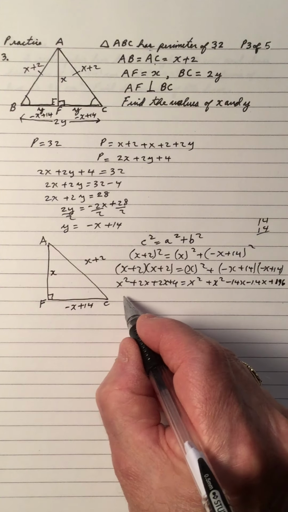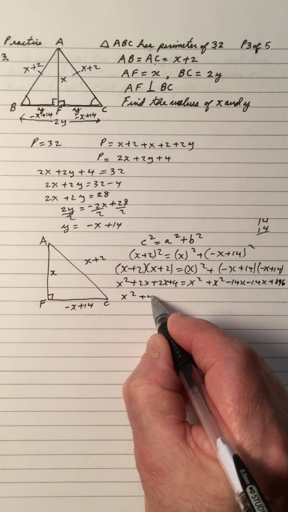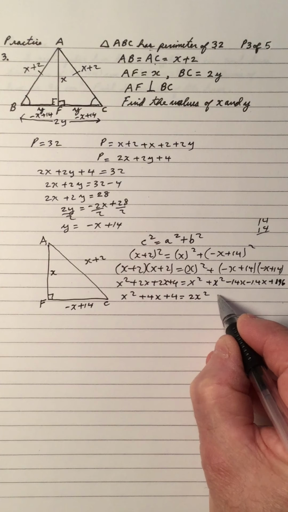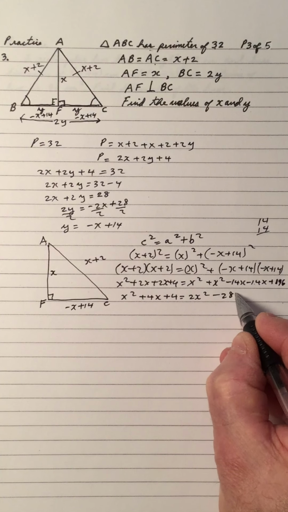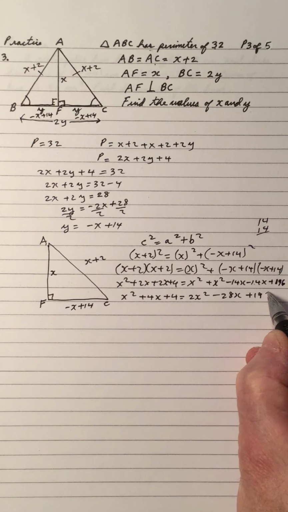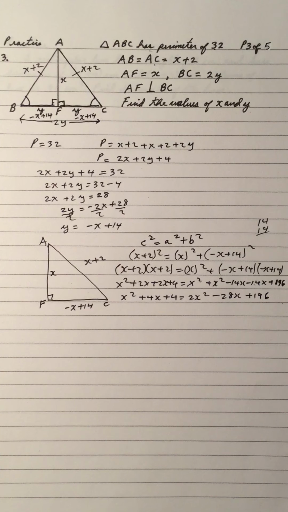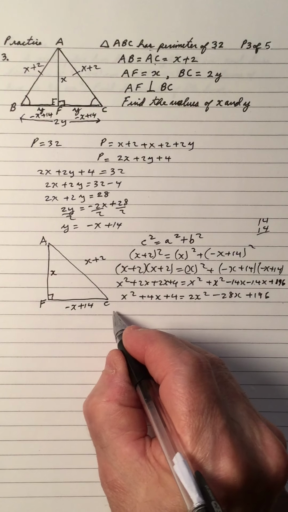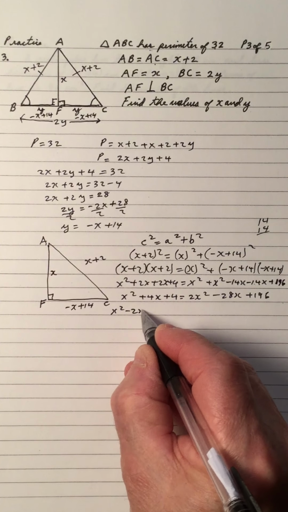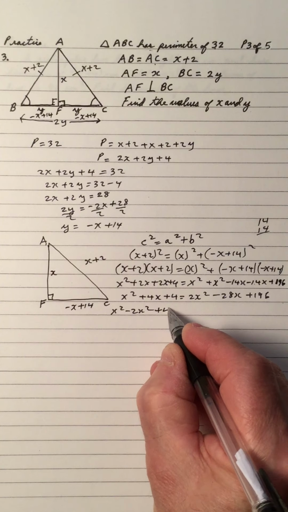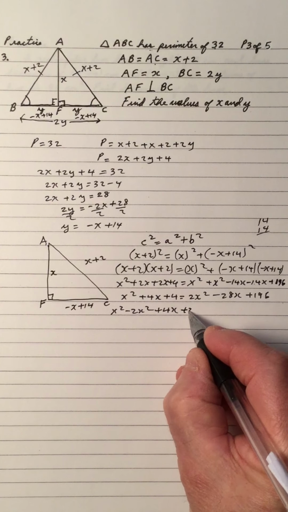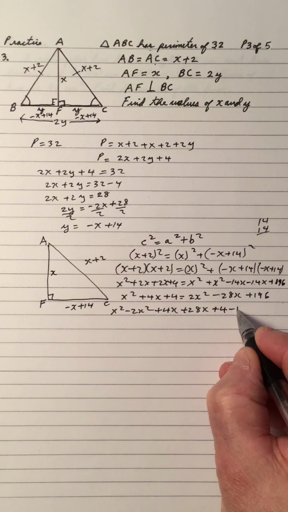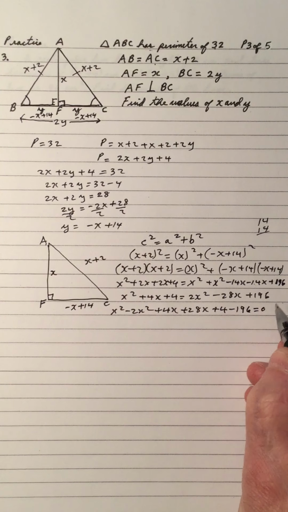And let's simplify each side. We got x squared plus 4x plus 4. And we got 2x squared minus 28x plus 196. Now that we have each side simplified, let's move them all to one side. So we have x squared minus 2x squared plus 4x plus 28x and plus 4 minus 196 equals 0.